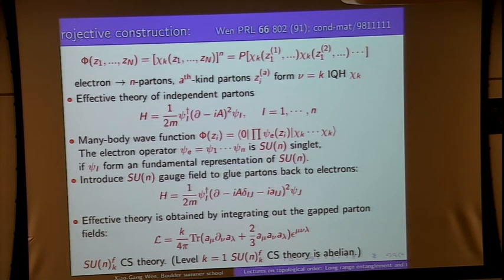Here I just have a particular construction. I think that's maybe an interesting topic: you can assume partons form fractional quantum Hall states, or non-abelian states, and then you get new non-abelian states. So you can play all kinds of games. That's what parton construction gives you: all kinds of states. If you believe it, there's infinite possibility here.